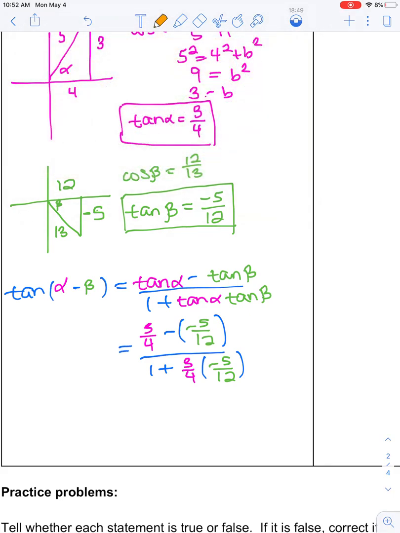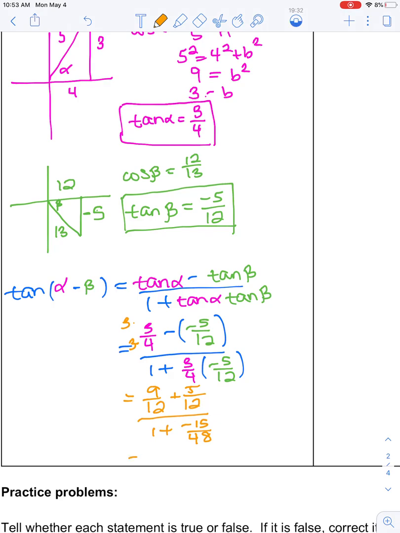In the numerator, we're going to have to get common denominators. So I'll multiply 3 to numerator and denominator of 3/4. That will give me 9/12. If I do minus a negative, that will become plus 5/12 up in the numerator. In the denominator, since I have 1 plus the multiplication of two fractions, I'll just multiply straight across, and that will give me negative 15 over 48.